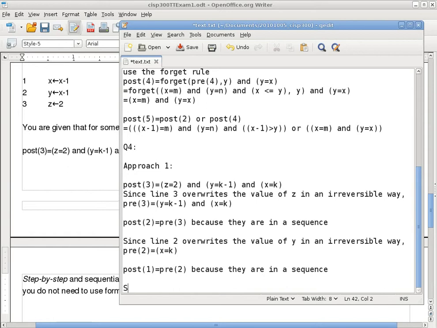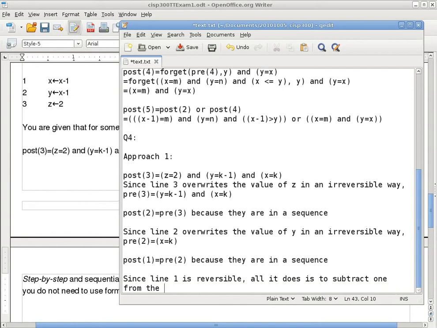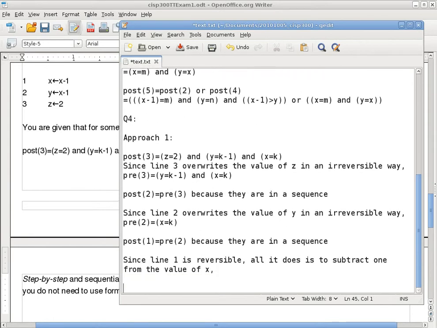Okay, so you have to say that since line 1 is reversible, all it does is subtract 1 from the value of x. Because of that, we now know that pre1 is going to be x equals k plus 1, because when you subtract 1 from k plus 1, you get k.